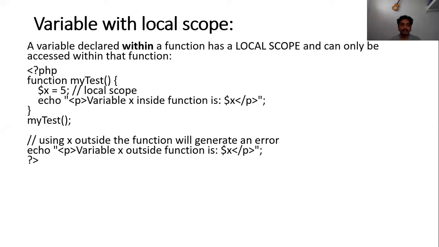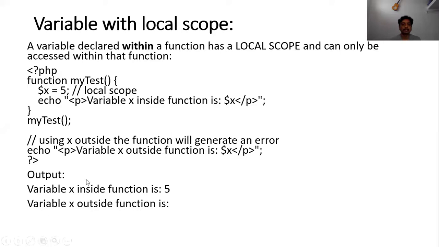Yes, inside the function x value is 5. Outside the function x value is nothing. ಏನು ಬರೋದಿಲ್ಲ, x value ಏನು ಬರೋದಿಲ್ಲ. So you can see here variable x inside the function is 5, variable x outside the function is nothing.